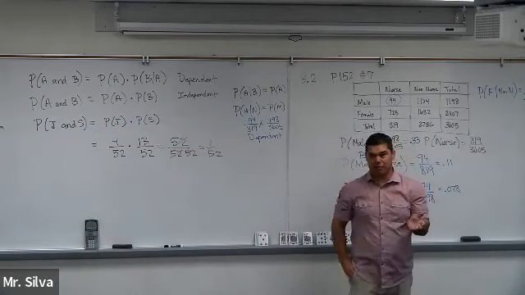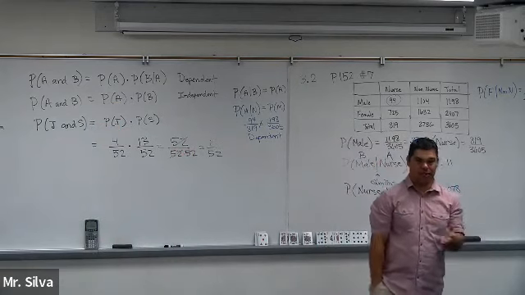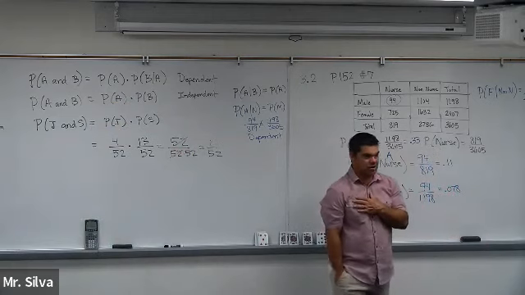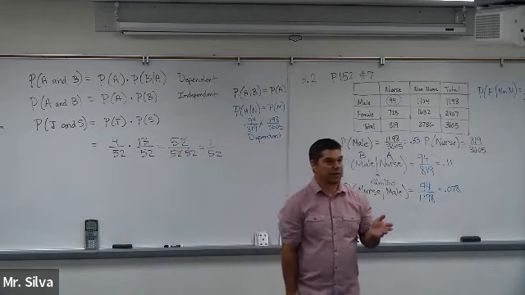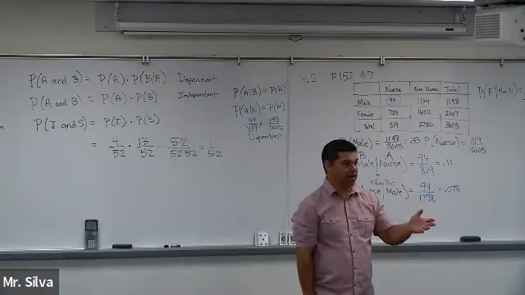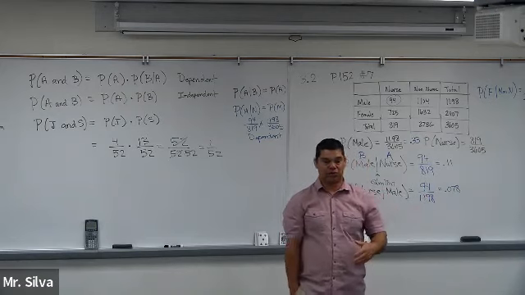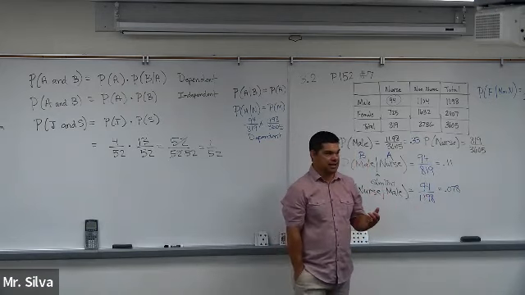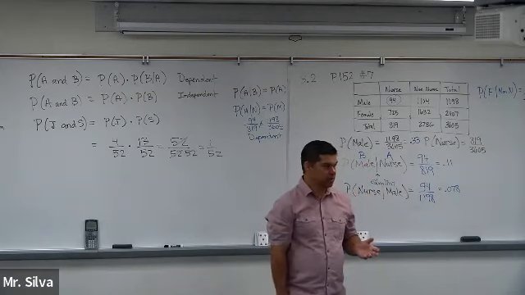If you're given a probability out of an entire population, your probability is going to be independent. An easier way to understand this: like I said earlier, 6 out of 22 students wear glasses in this class. Okay, 6 out of 22.